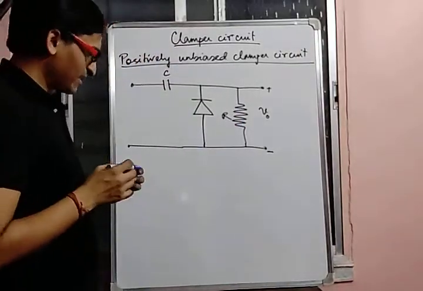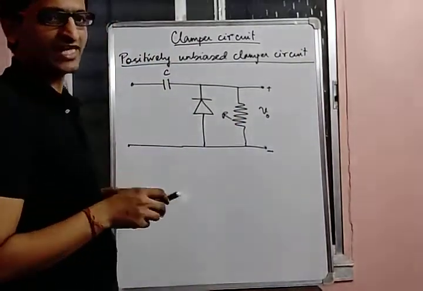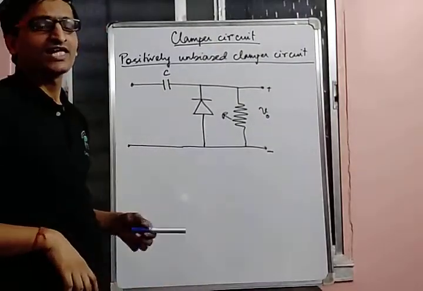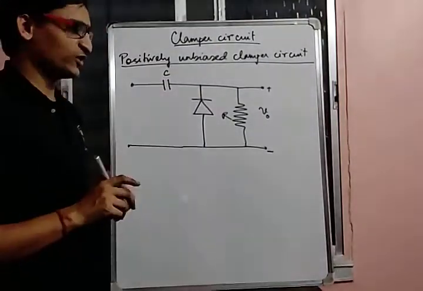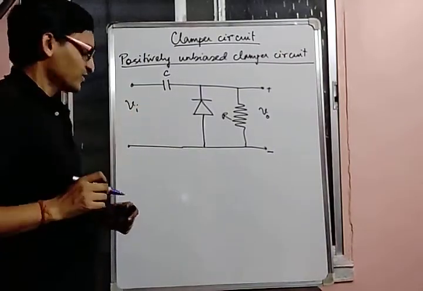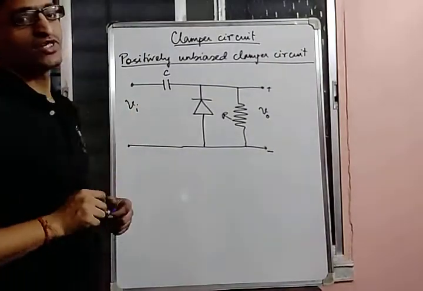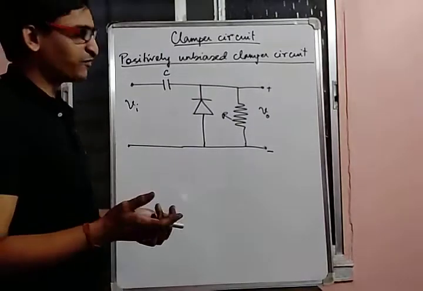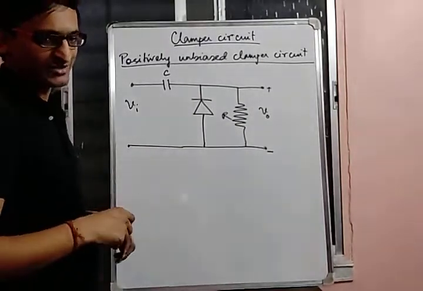So this is a positive unbiased clamper circuit. It is an unbiased clamper circuit because you can see that we have not used any bias voltage here. This is the input voltage Vi. This input voltage Vi can be a sinusoidal waveform or it can be a rectangular waveform as well.